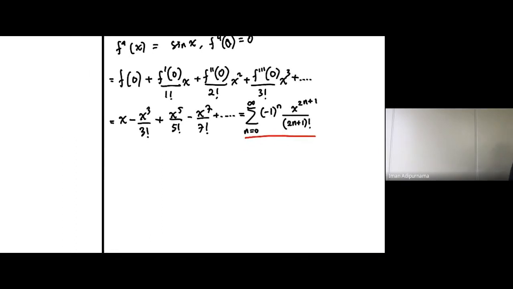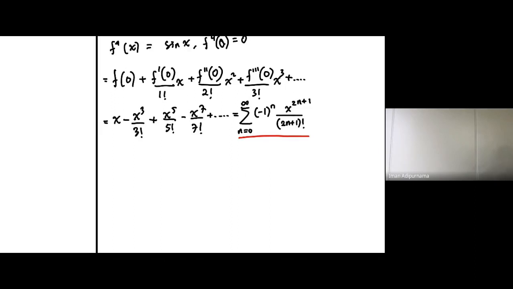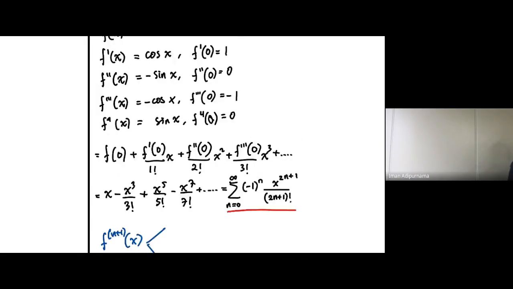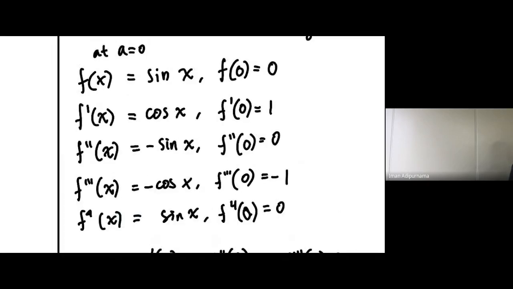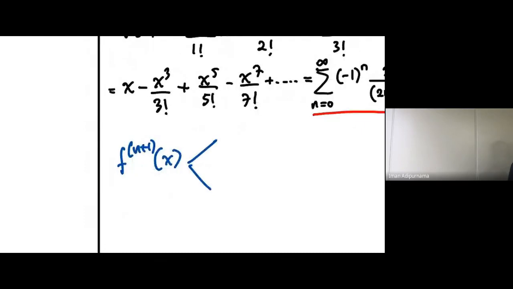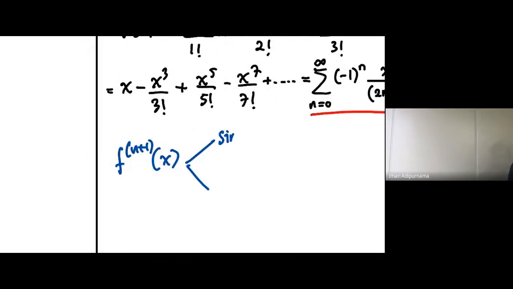And if we are looking at Taylor's inequality, if you want to observe the f^(n+1)(x), since it is sine or cosine, we have two possibilities from here. If you differentiate sine, it will be cosine, and so on. So if we differentiate several times, it will be plus or minus sine or cosine, right?